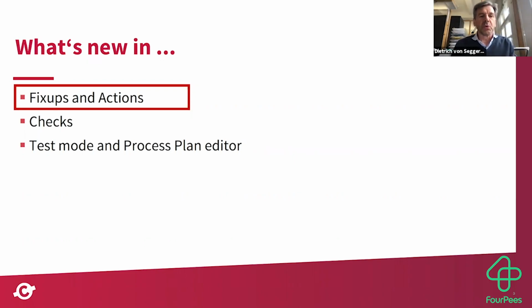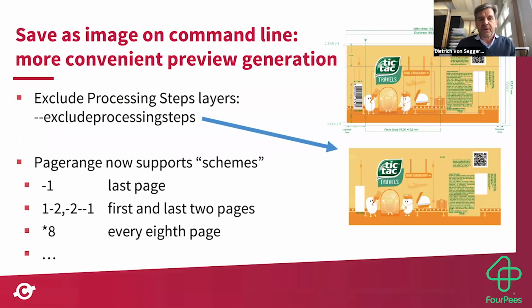So what is new in fix-ups and actions? The first one is related to image creation, preview generation on command line, something that is often done when pdfToolbox is integrated into workflows or products. Often you want to create a preview of a page in the PDF file.